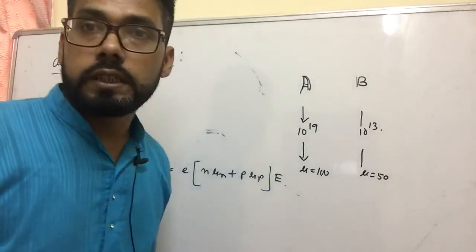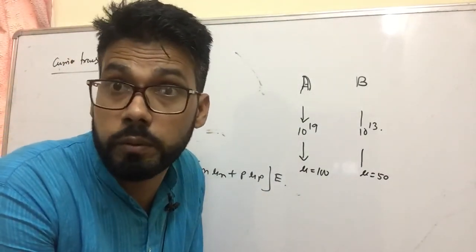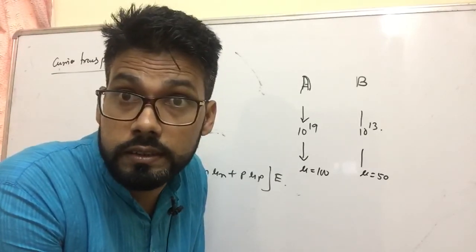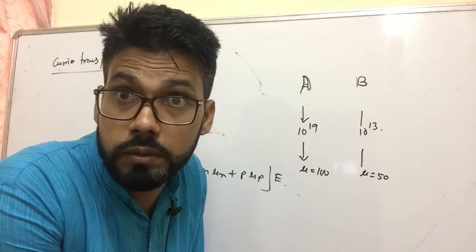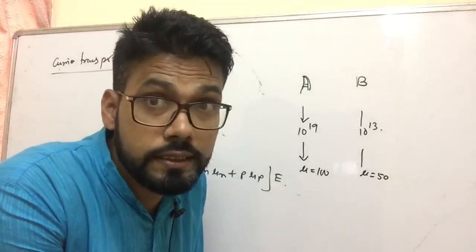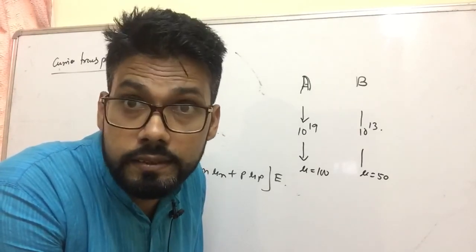Mobility measures how well a semiconductor transports electrons from here to there. So although a semiconductor has a high number of electrons, if it cannot transport electrons from one point to another, then you will get less current, and the performance of the semiconductor will be less.